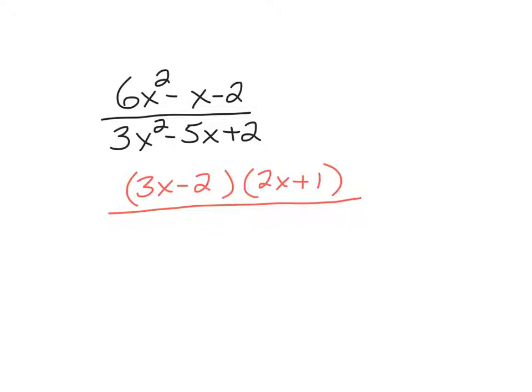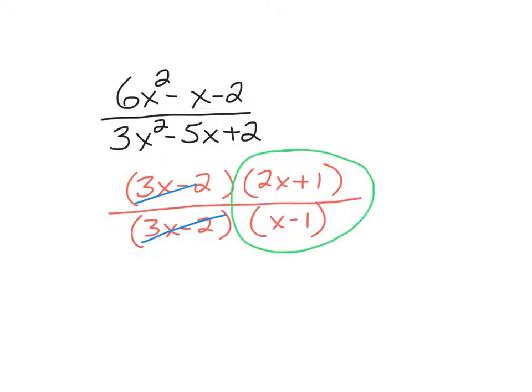In the bottom, if I factor that, I'm going to get 3x subtract 2 and x subtract 1. And once again, I know I just wrote down the answers because I did them ahead of time, but that is a review of chapter 4. Notice that I have a common factor of 3x minus 2 in both the numerator and the denominator. So now I'm going to cross both of those out, which leaves me a final answer of 2x plus 1 over x minus 1.